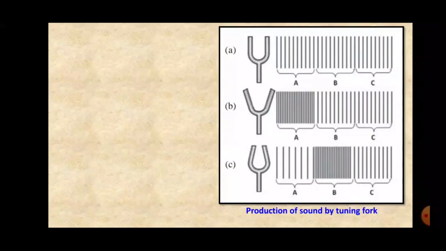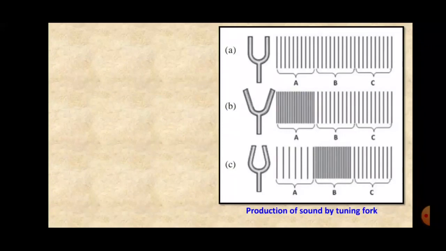The air beside the prongs is set into periodic motion in forward and backward direction. You can see that the lines show the air. They show the columns of air.